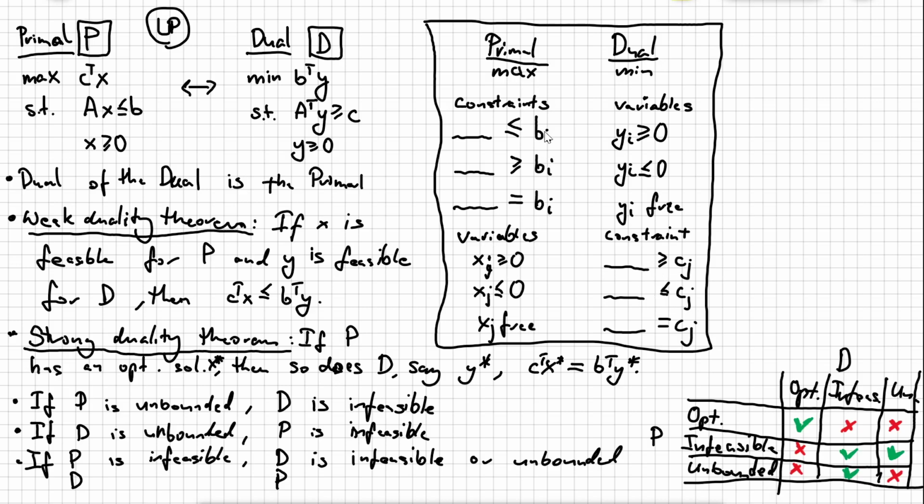And then remember that whenever we're transforming these problems, whatever was in there as objective coefficients become right-hand side values, and whatever were right-hand side values become objective coefficients, and the matrix of constraints needs to be transposed.